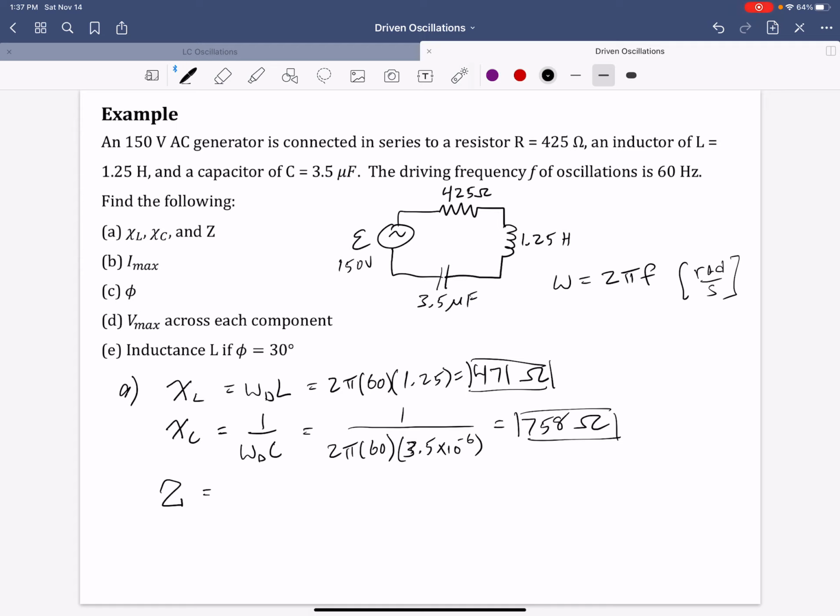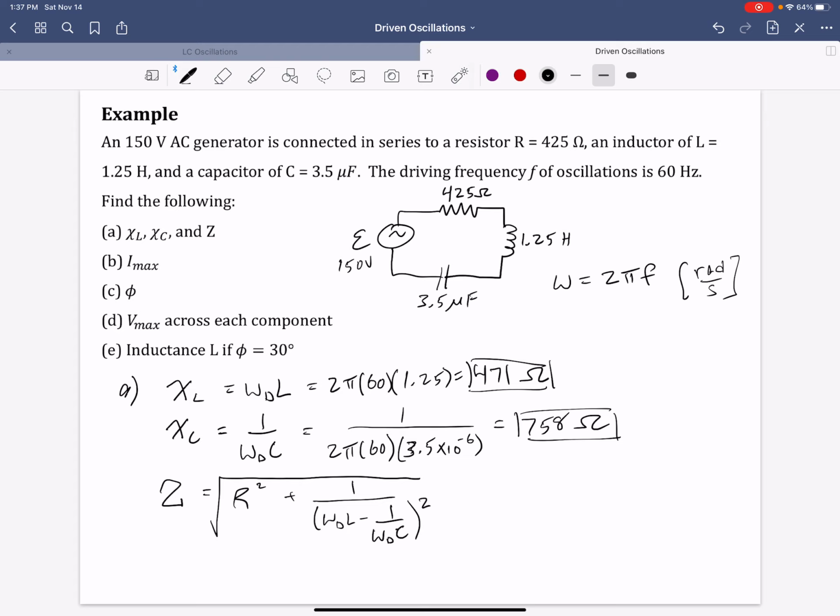That had the value of the square root of R squared plus, let's do it this way, 1 over omega L minus 1 over omega C, and that was squared. And this whole thing has to be square rooted.